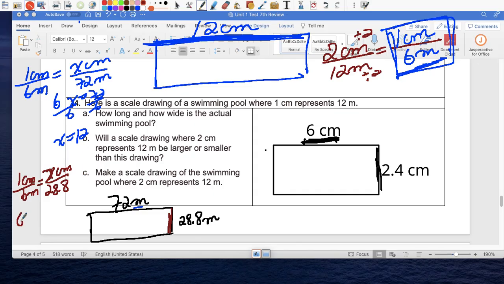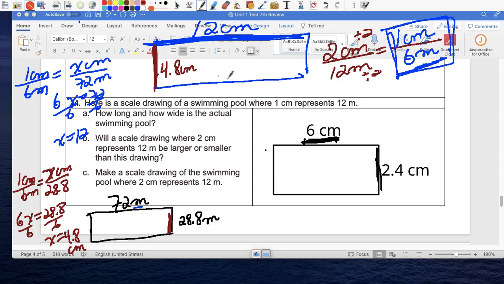So we get 6x equals 28.8, divided by 6, divided by 6. X equals 28.8 divided by 6, which equals 4.8. So in my brother's drawing, this side, up and down, is represented by 4.8 centimeters.